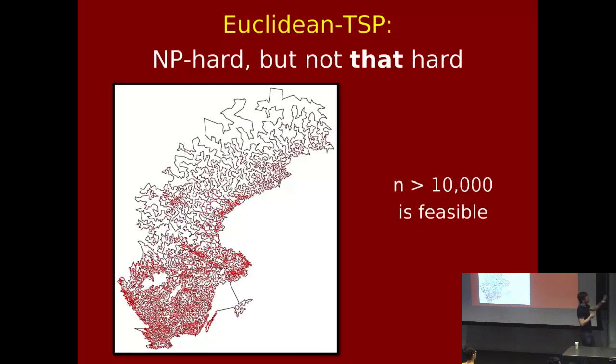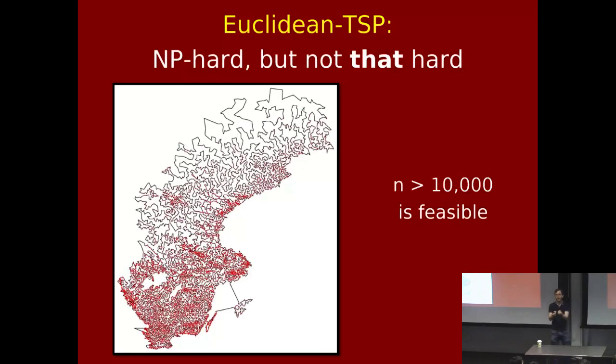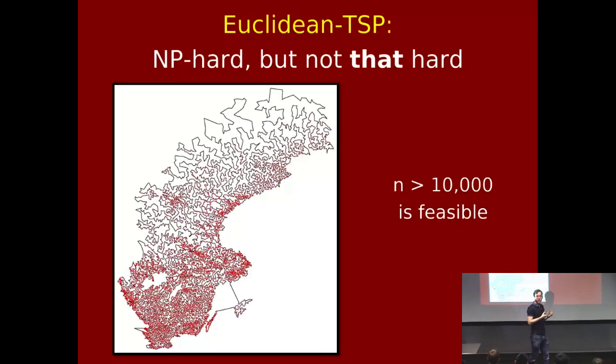So they put about 10,000 towns in Sweden, and they use just the normal straight line distances between them, and they can actually find the optimal solution with a heuristic that runs in not too long a time. So that illustrates that theory is matching up with practice here, in the sense that people can solve Euclidean TSP basically optimally, efficiently, even though technically it's NP hard to find literally the optimal solution for every possible graph.